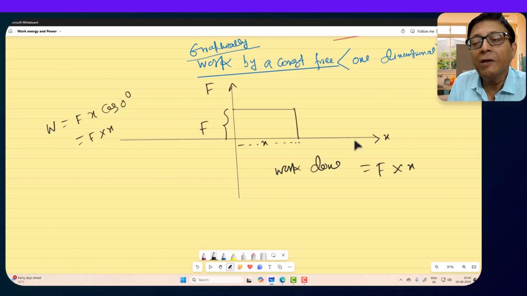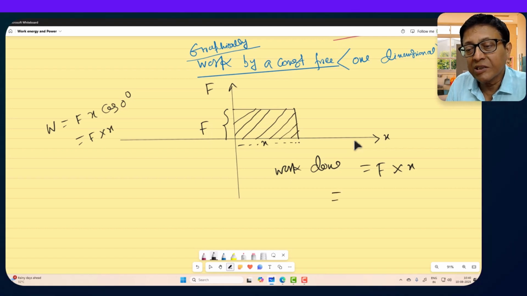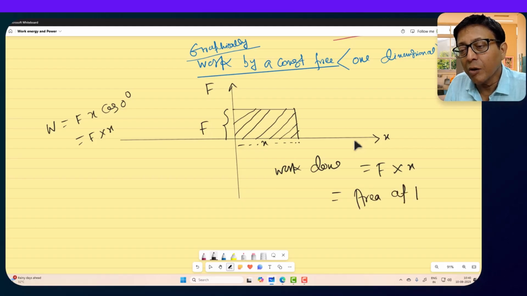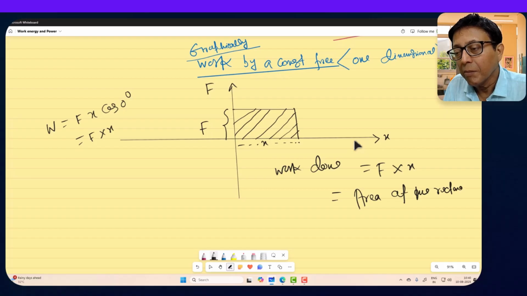But work done F into x in this diagram, don't you think that it represents the area of the rectangle? This is equal to the area of the rectangle.